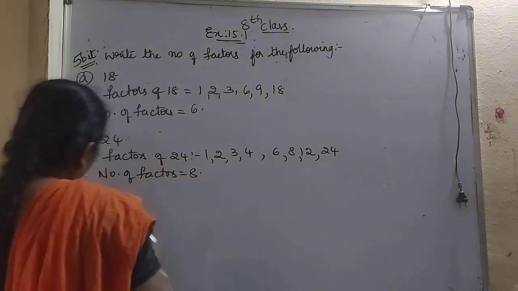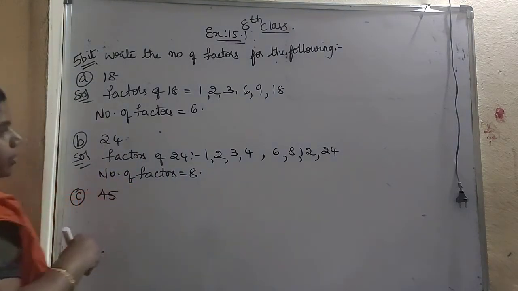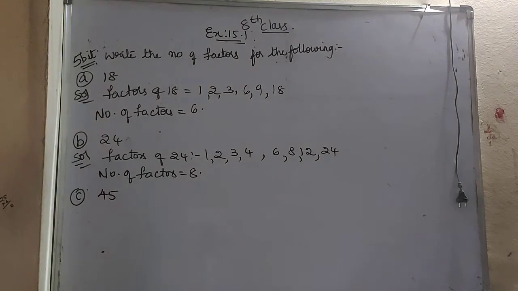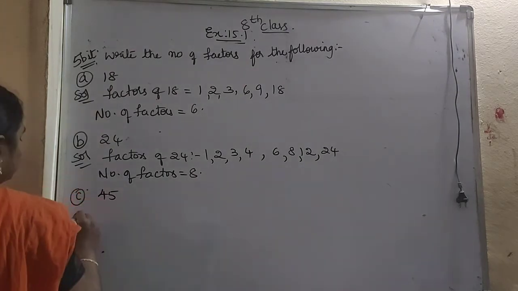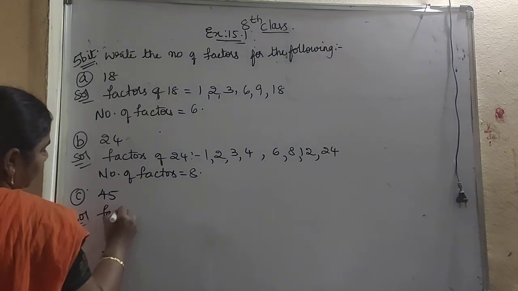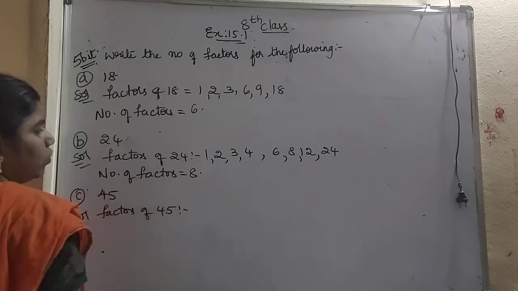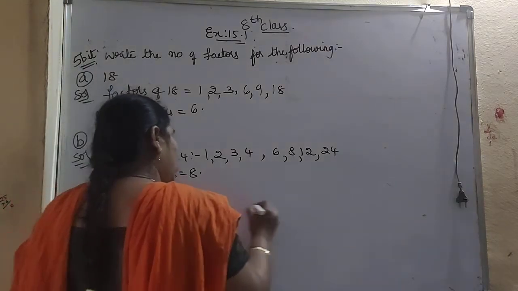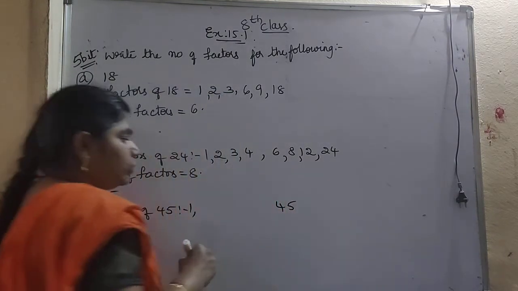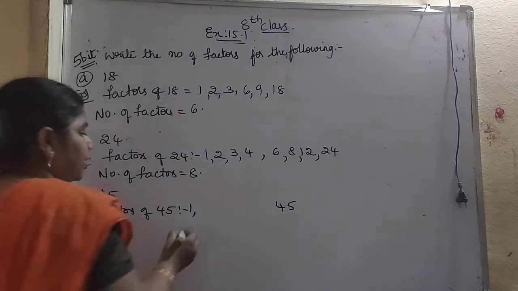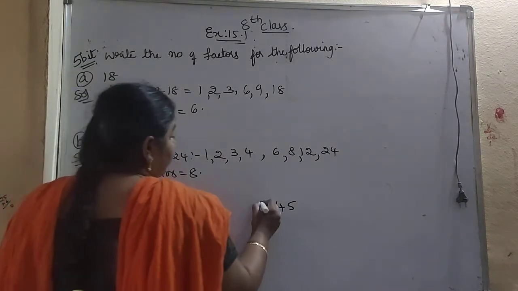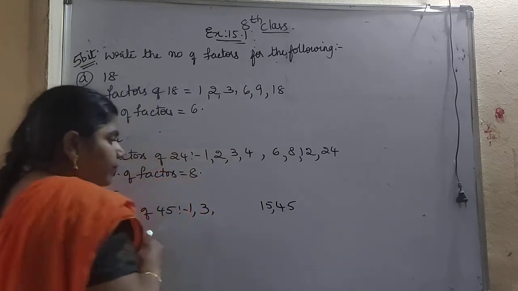Next, C bit, it is 45. So for this 45, how many factors are there and what are the factors we have to find. Okay, so solution. Factors of 45. It will go in which table? 1, 45 times is 45. In 2 table it will not go. In 3 table, 3, 15 times is 45.